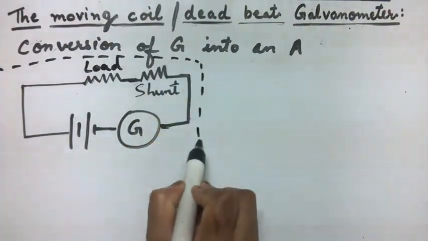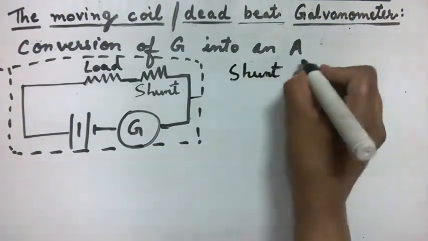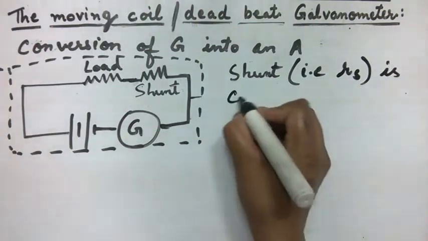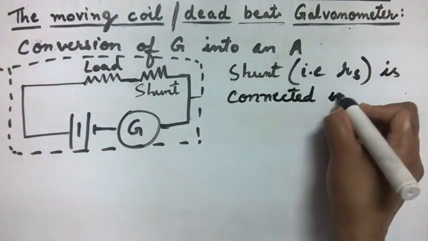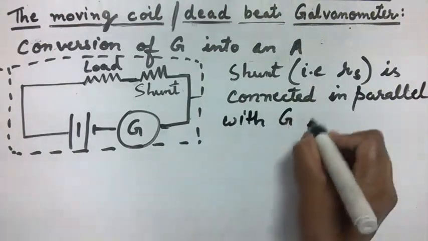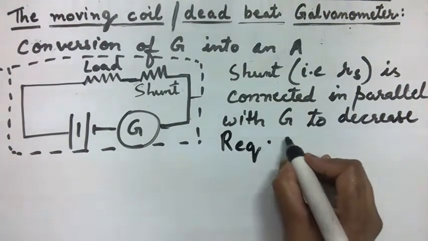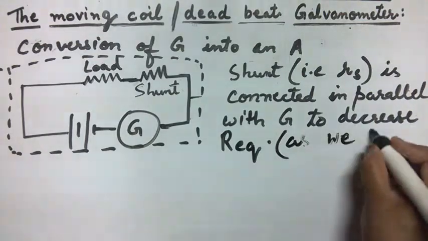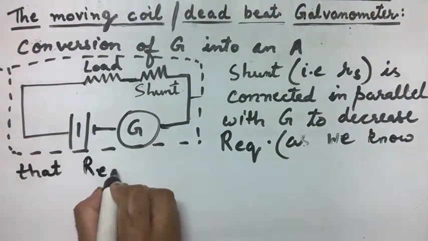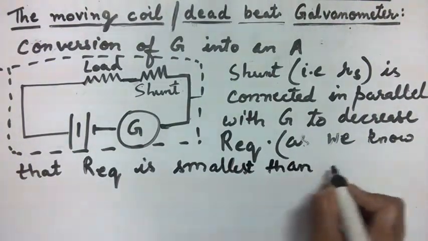This arrangement is known as an ammeter. A shunt is connected in parallel with the galvanometer to decrease R equivalent, as we have studied that R equivalent is smaller than the smaller resistance.